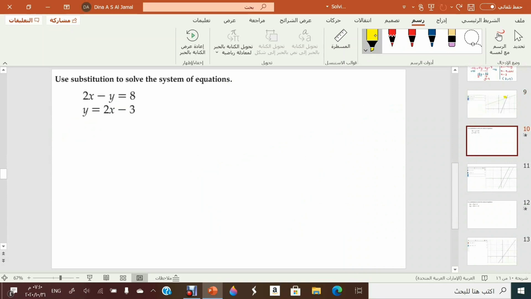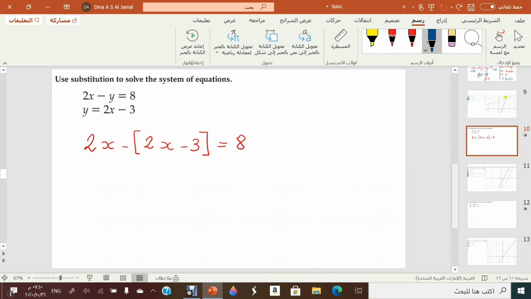I'm having y alone again, so let's follow the same steps. It will be 2x minus, now open brackets, you will be putting y as it is, equal to 8. Now pay attention.